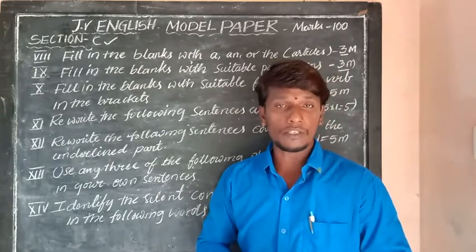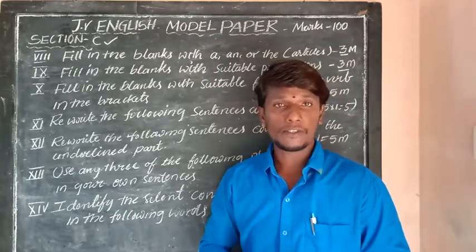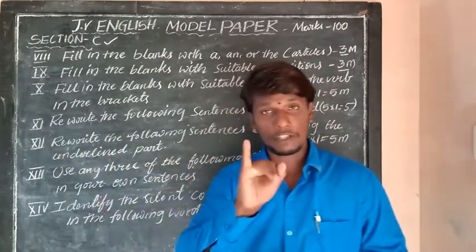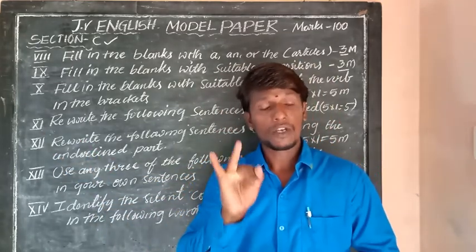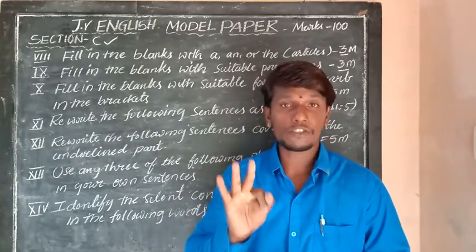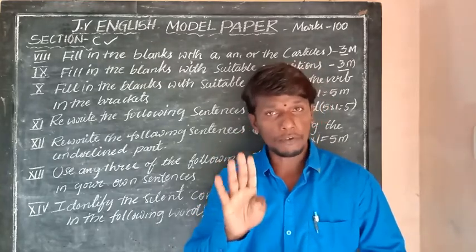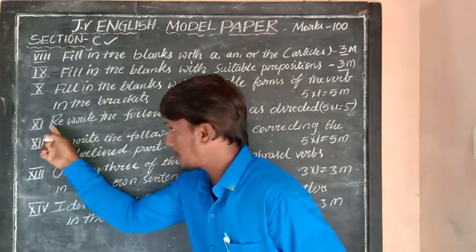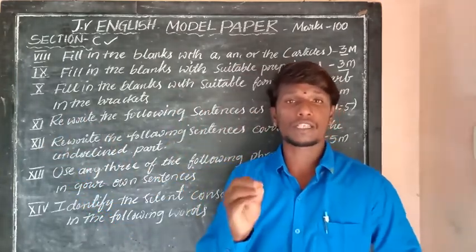Add suitable question tags for the following sentences. So totally 5 different grammar topics: active and passive voice, reported speech, degrees of comparison, simple compound complex sentences, and question tags.